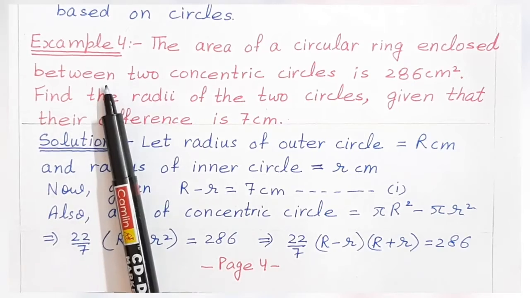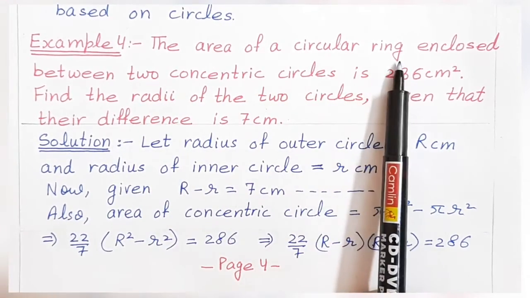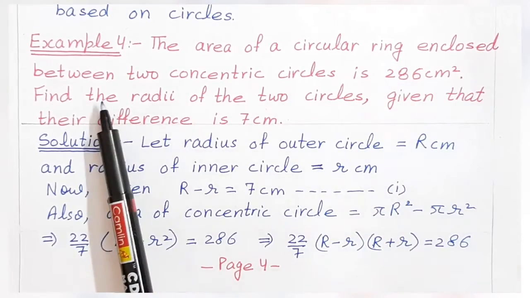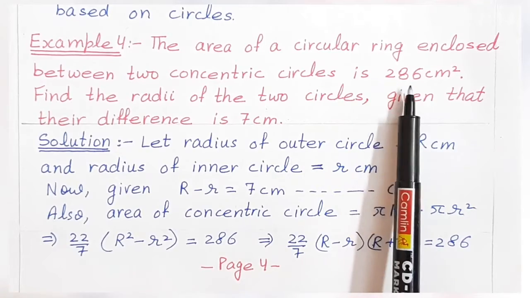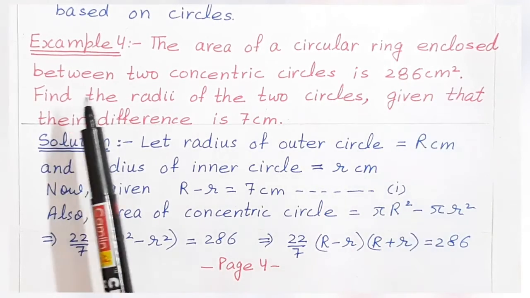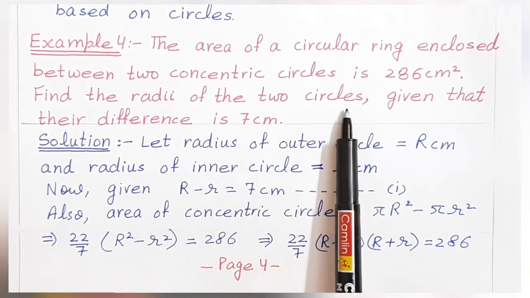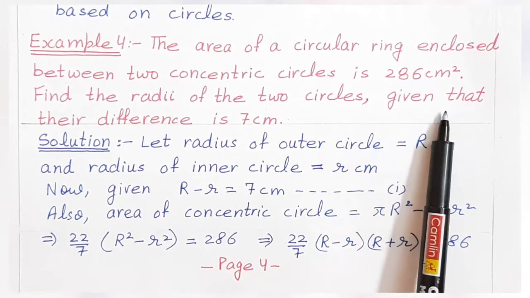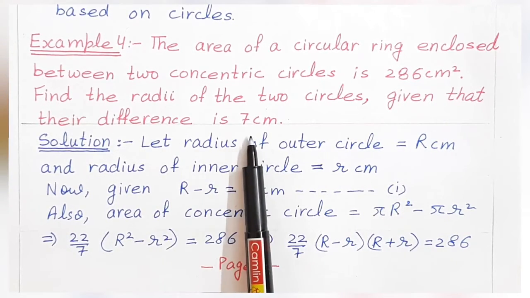So the example is: the area of a circular ring enclosed between two concentric circles is 286 centimeter square. Find the radii of the two circles, given that their difference is 7 centimeter.